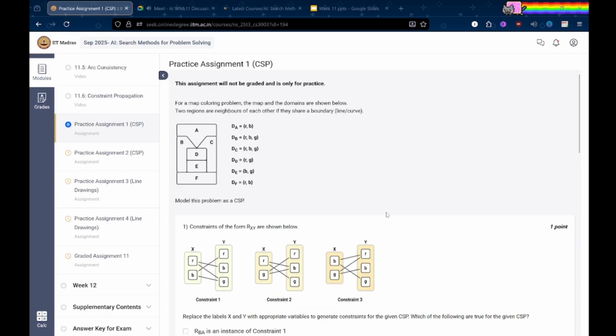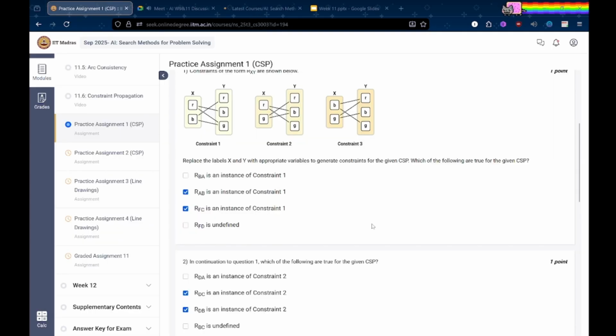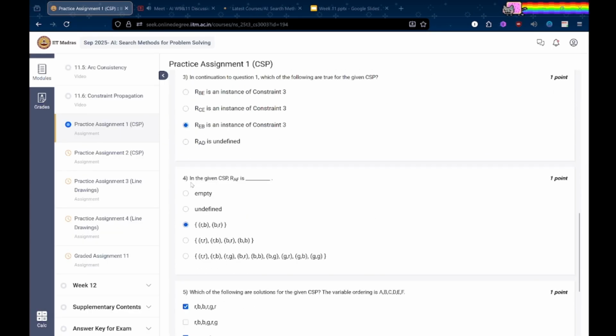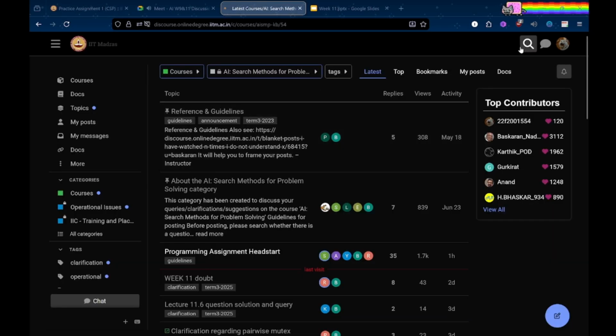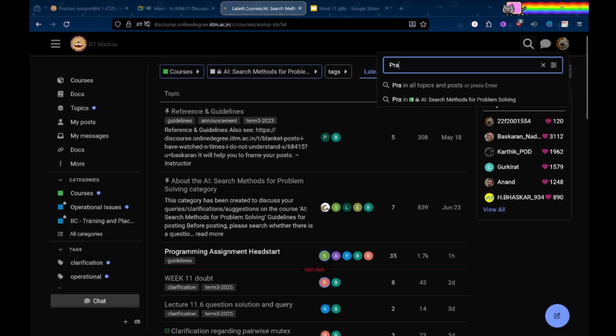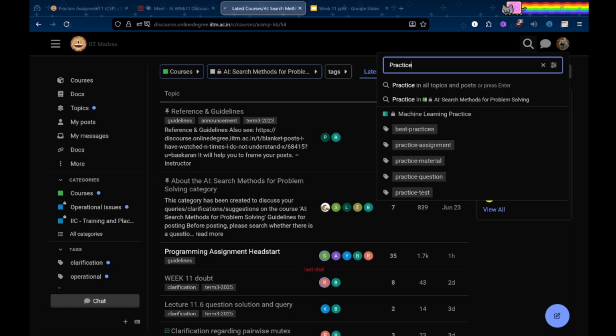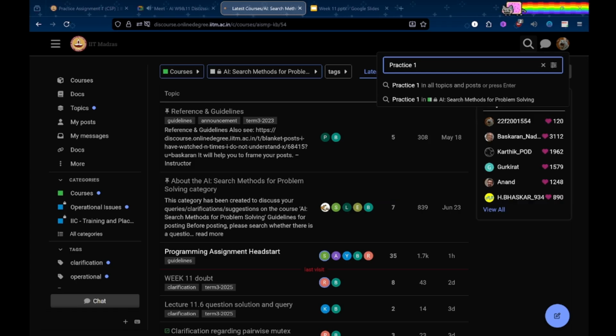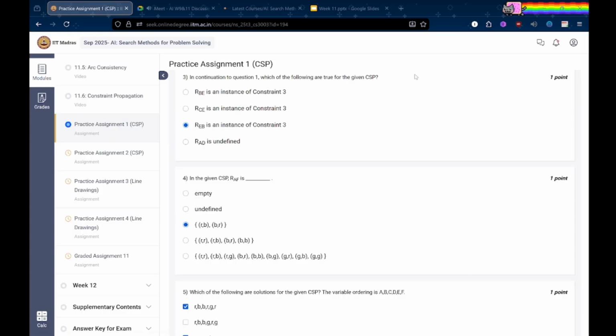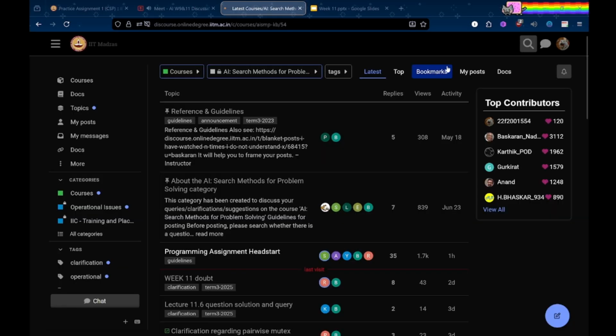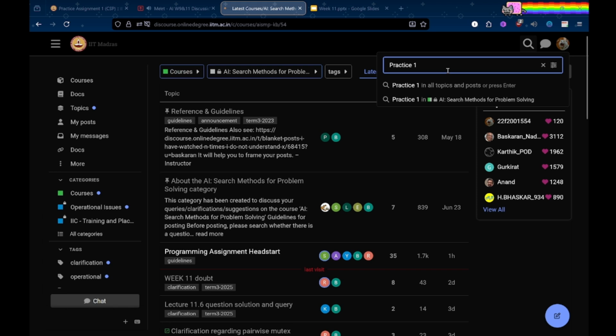Next up should be, what was the question? In the given CSP, practice assignment 1 CSP. The problem is that not many people use the right keywords in the posts they make on the forum, so because of that, even searching is really difficult.